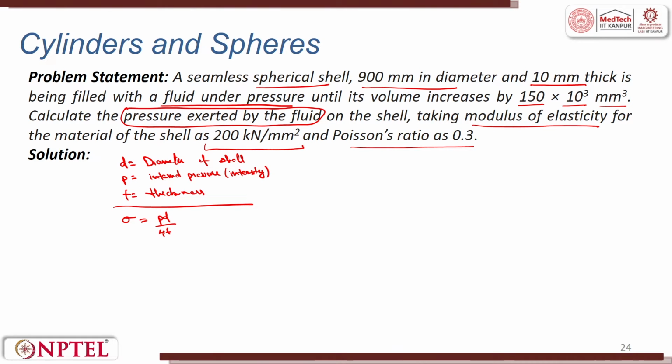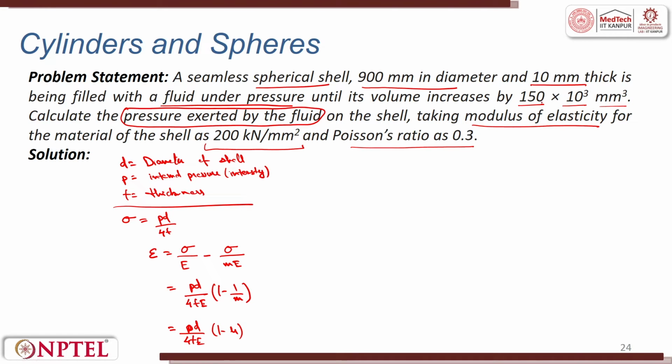Now, here strain in any one direction, strain epsilon is equal to sigma by E, that is modulus of elasticity, minus sigma by ME, where 1 by M is our Poisson ratio. So this is equal to, if I put the values, PD by 4TE into 1 minus 1 by M, this is equal to PD by 4TE into 1 minus nu.